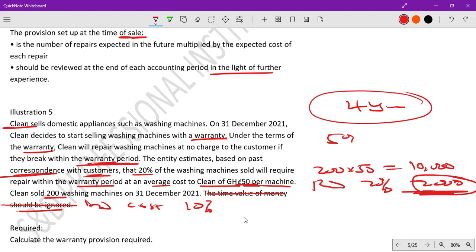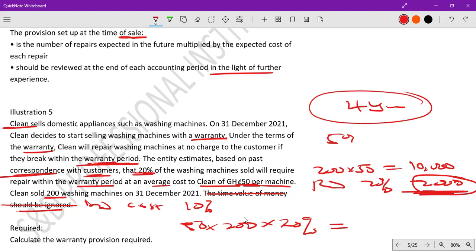Any question? So the 20%, is it on the total of the 200 machines? Yes, please, the probability. So it is 20% times 50 times 200. The cost per each maintenance is 50 per machine times the 200. That would be the total cost of maintaining the 200 machines, times the probability.